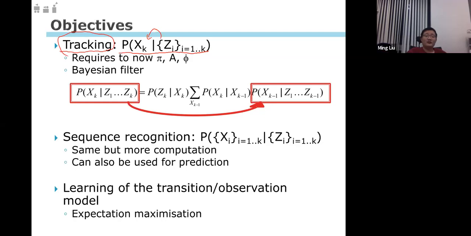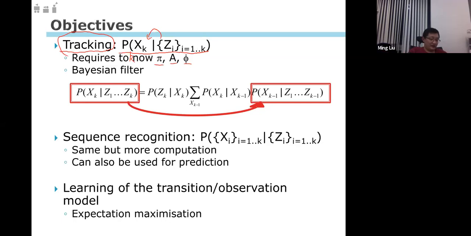Like if you want to track a missile, based on what you observed in the previous long enough sequence, you want to predict the current position of the missile. So this is a tracking problem. It requires knowing the initial state, the transition model, and the observation model.